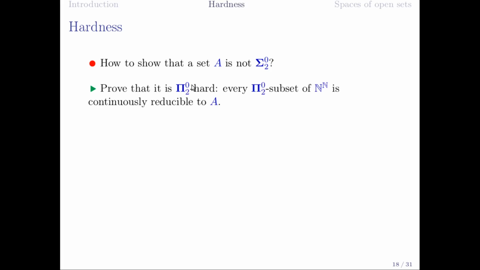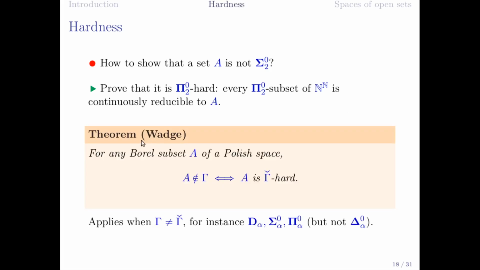Well, the usual way is to prove that it's Π2 hard, so every Π2 set is continuously reducible to A. And essentially that's the only way, because there is this nice Wadge lemma from classical descriptive set theory in Polish spaces, which tells you a set is not in some level if and only if it's hard for the complement class. This is true under some assumption on the class, but it is a very nice equivalence.